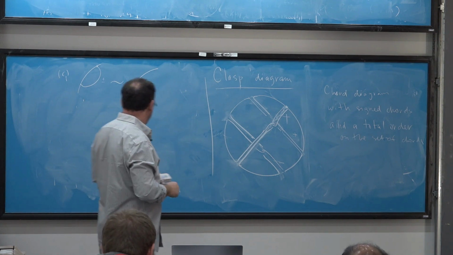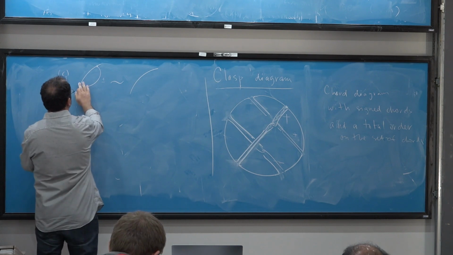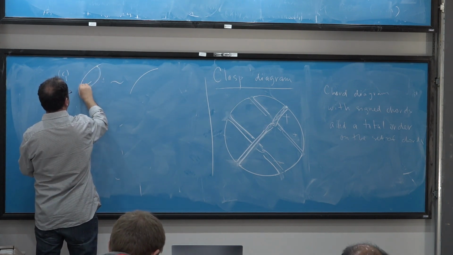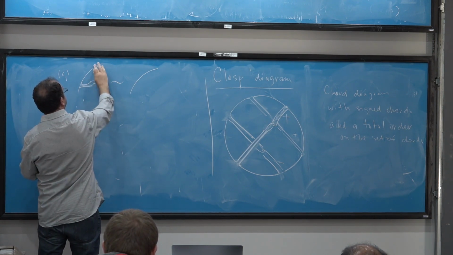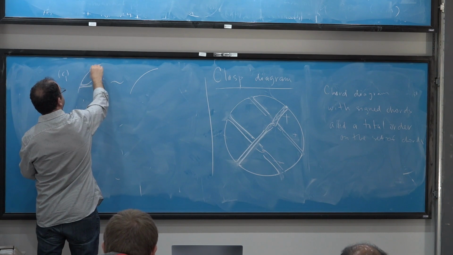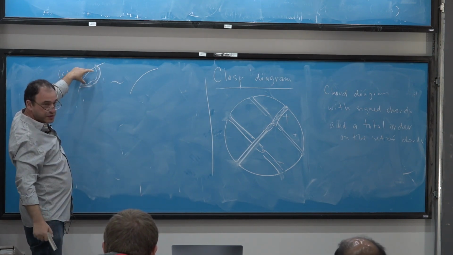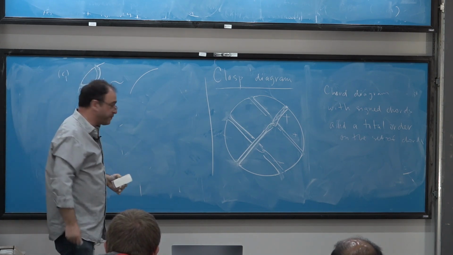And if you draw it, it gets realized as something like this. And in order to untwist this thing, you untwist it twice. So it's like the double first Reidemeister move.